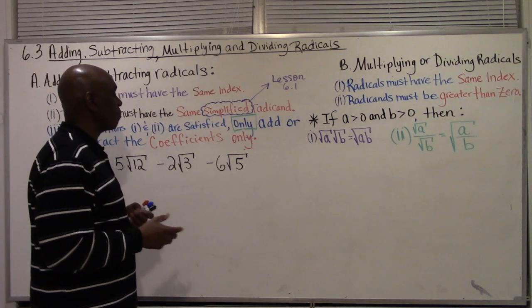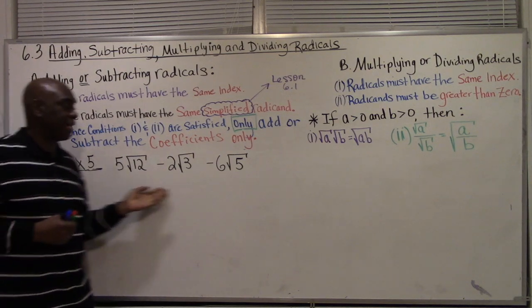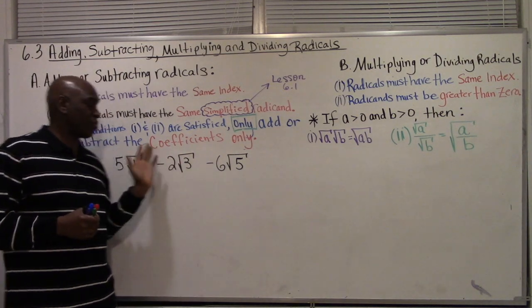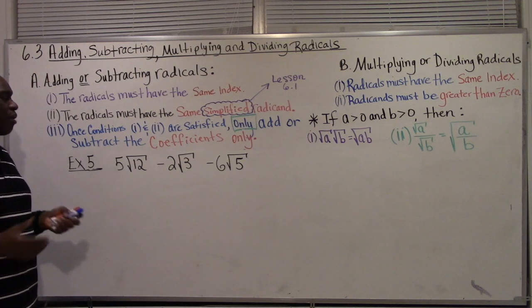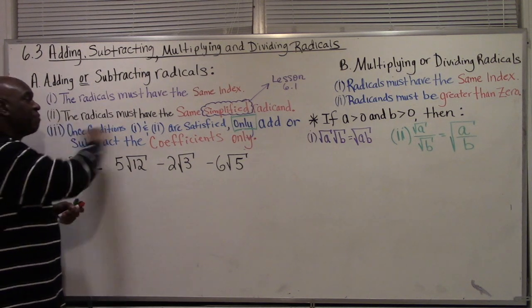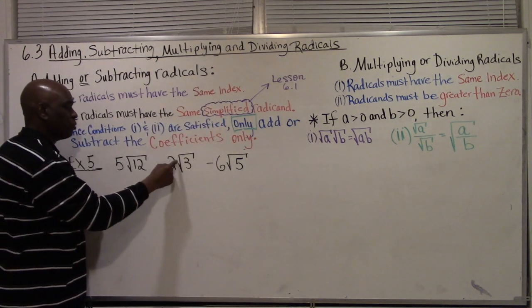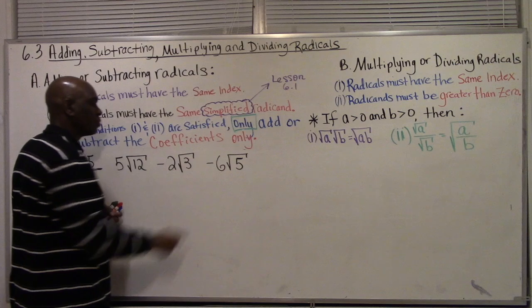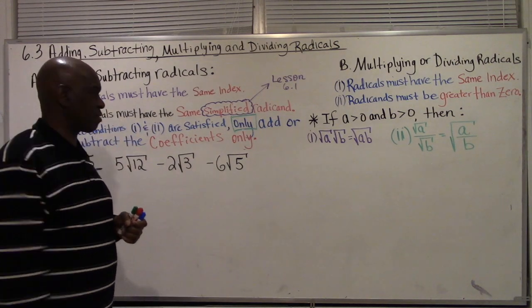So let's see here. Let's combine these. Let's add these or subtract these to the best of our ability. Now, do they all have the same index? Well, the index here is 2, 2, and 2. So yes, condition 1 is good. They have the same index.